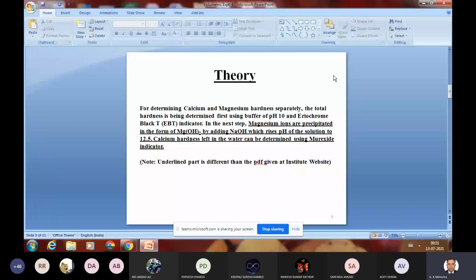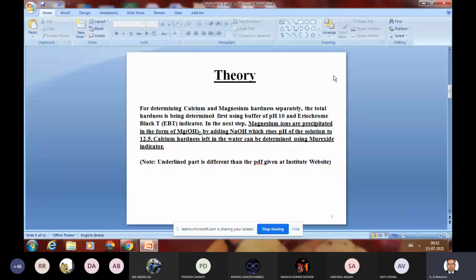So this situation is only for total. For separate, we have to use another experiment, and in this experiment, both things have been combined. In this experiment, the whole theory has been combined in one experiment, so that you learn more about both the indicators.